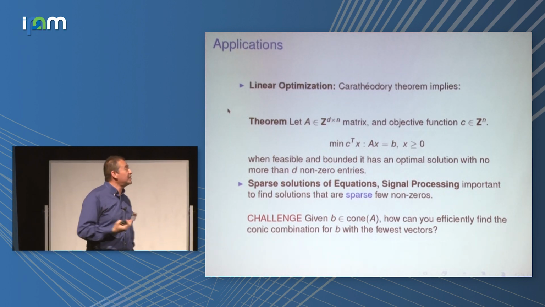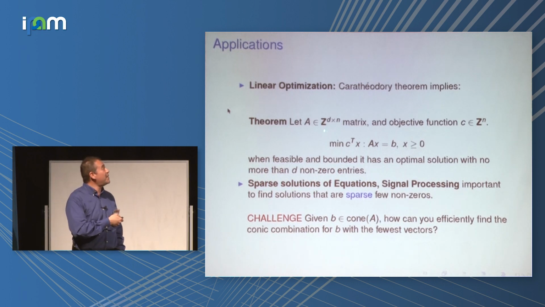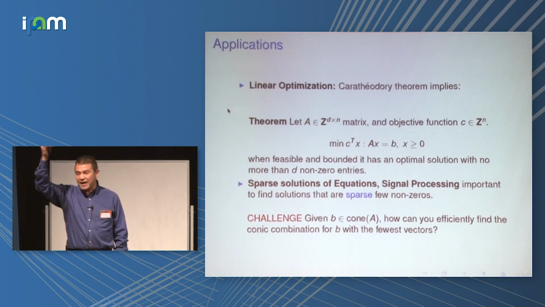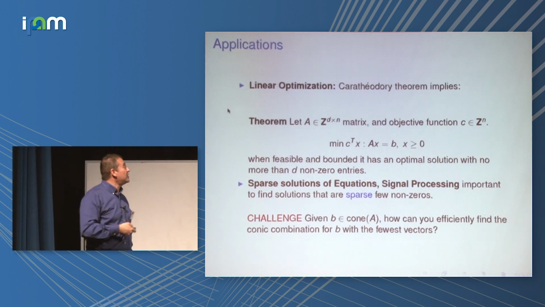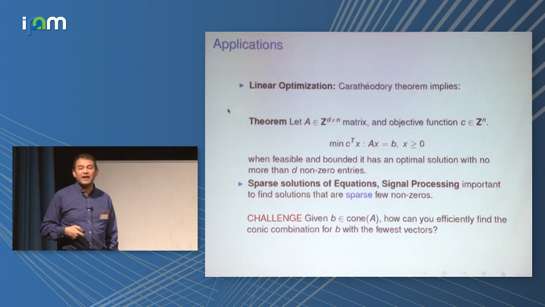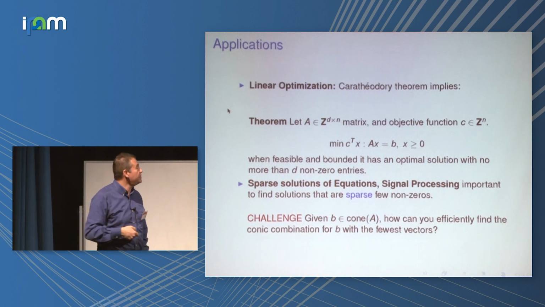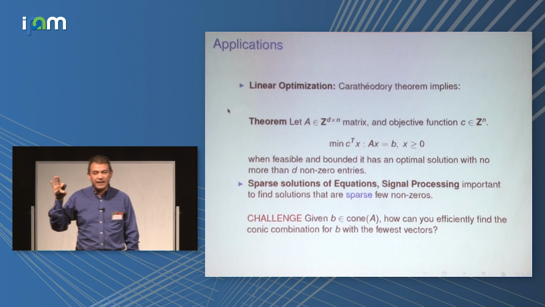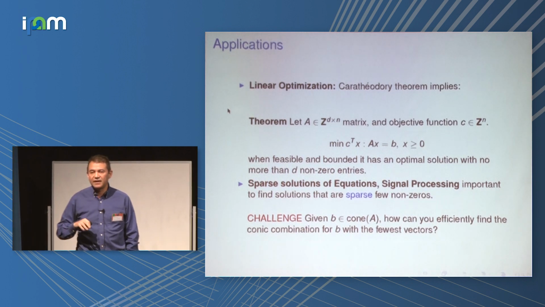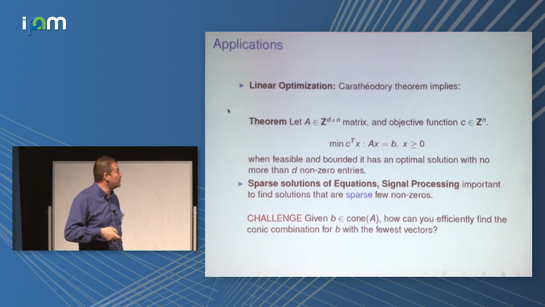This cone actually lives in d-dimensional space, which is the space in which the columns live, right? So by Carathéodory's theorem, you will never need more than d vectors there. That tells you that you can have an optimal solution with d vectors, or d non-zero entries, that suffice.